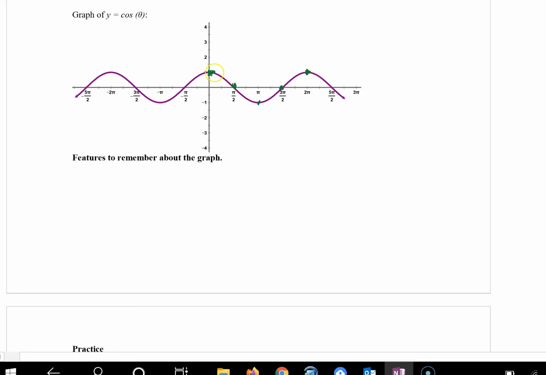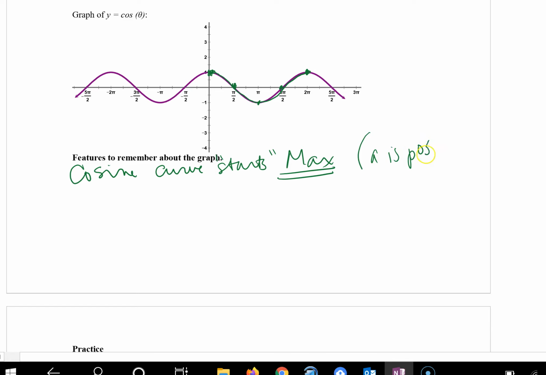Again, one complete period would be this distance of 2 pi. What I want you to notice is that the cosine curve starts at a max, and again, that happens if A is positive.